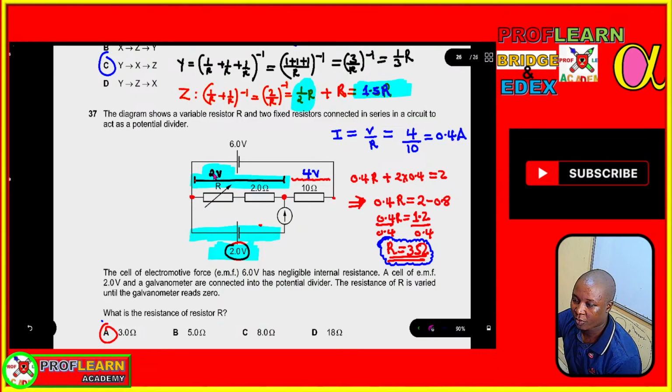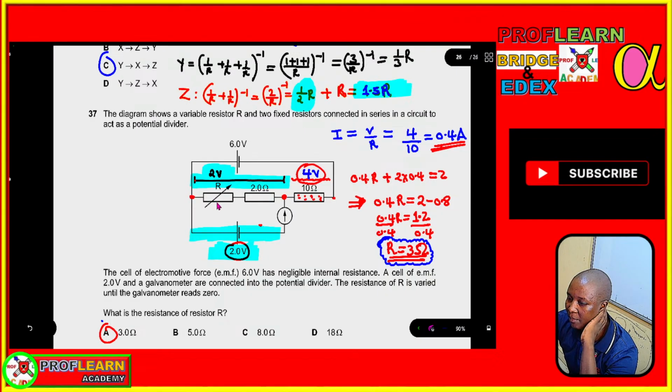Already we have 2 volts here, so which means the PD across the 10 ohm resistor is going to be 4 volts. So we can calculate the current that is flowing through the 10 ohm resistor by using the voltage and this resistance, and this is going to be 0.4 amperes.